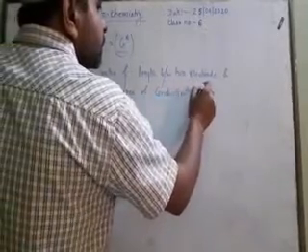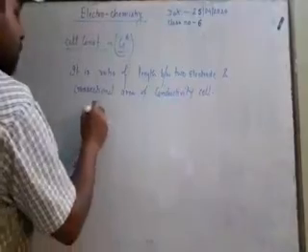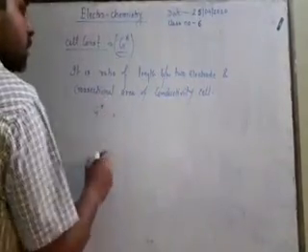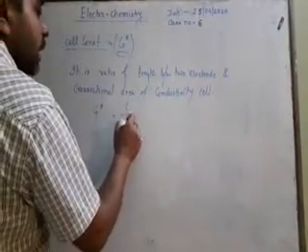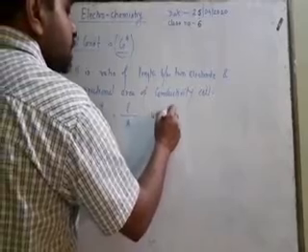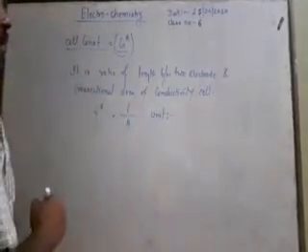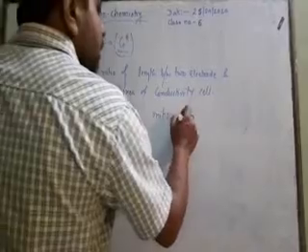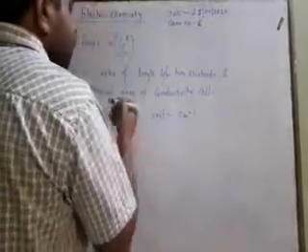Now students, cell constant equals L by A, and its unit is, if length is taken in centimeter, then centimeter inverse. If length is taken in meter, then meter inverse in SI.